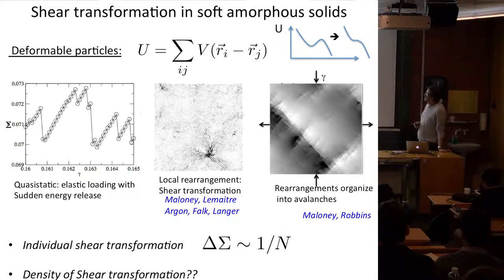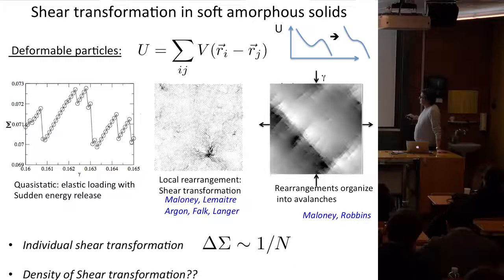Okay, so the nature of the excitation, the elementary rearrangement in this system, has been well known for decades, and they are called shear transformations. So again, think about this system where you have your particles and you impose a strain on it. You have an elastic energy, so it was E before, it's U here. And you can ask, what happens? You load elastic energy. What happens when suddenly you have a plastic event?